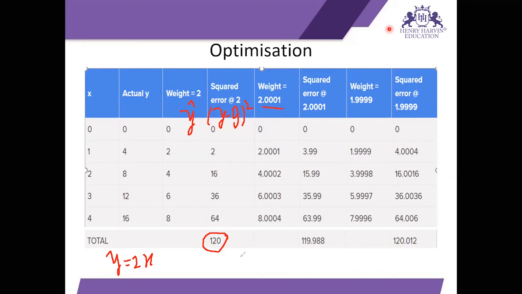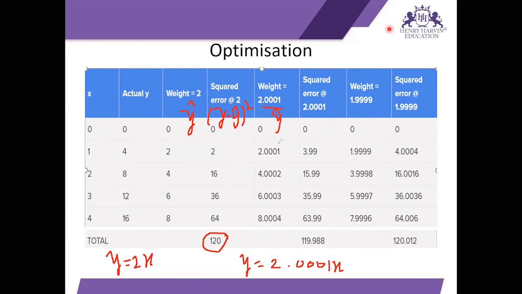So what is the equation now? y is equal to 2.0001x, right? Now these are the predicted values of y hat in which the weight is equal to this.